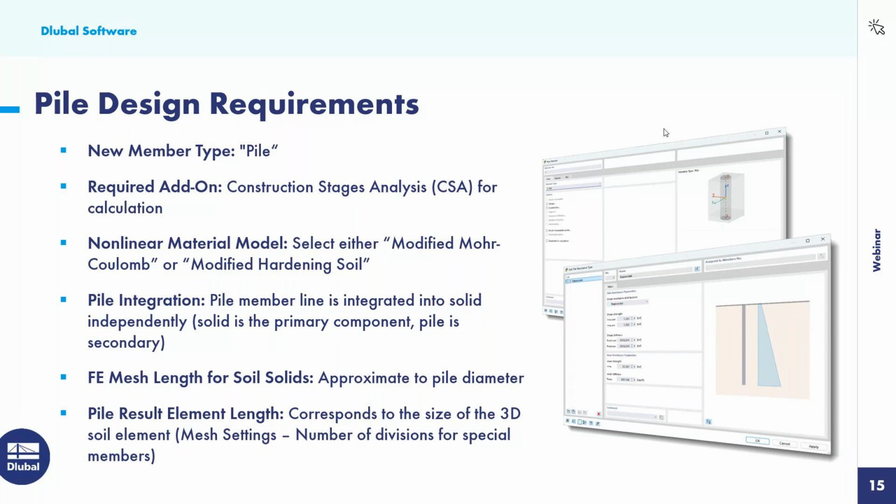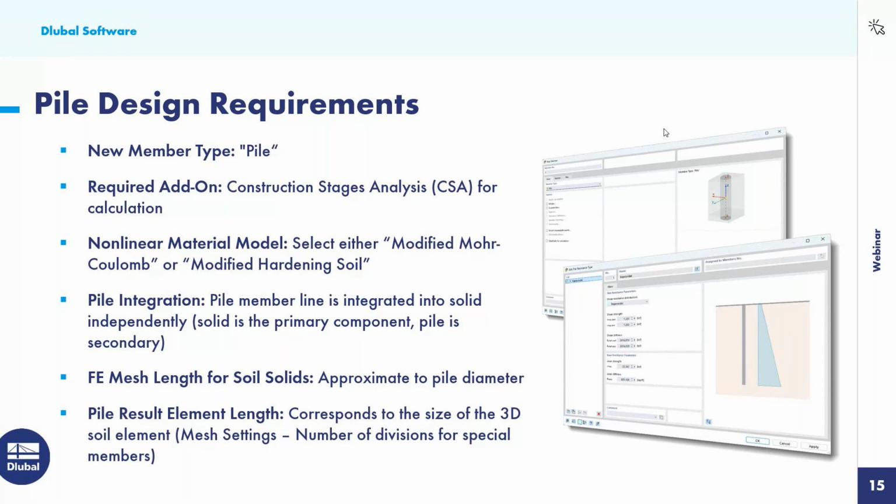And the reason why is that soil is a very stress dependent material property. It's very dependent on the load history. And we have these highly advanced nonlinear soil material models that can account for this behavior. But we require the CSA add-on to calculate the deformations and the stresses with simply higher accuracy when we're looking at something like the pile design.